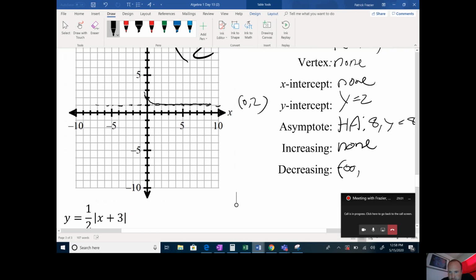So as we move to the right from negative infinity going towards positive infinity, this thing is decreasing the whole way. It's just decreasing by a smaller and smaller fraction each time. Each slice is thinner than the previous slice, but it's still decreasing.